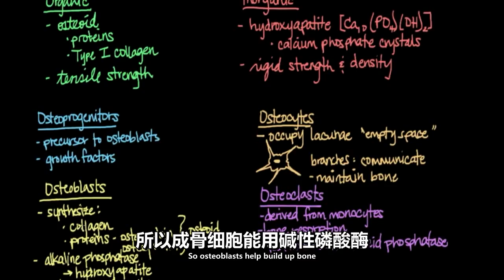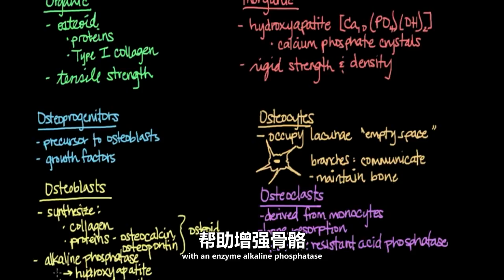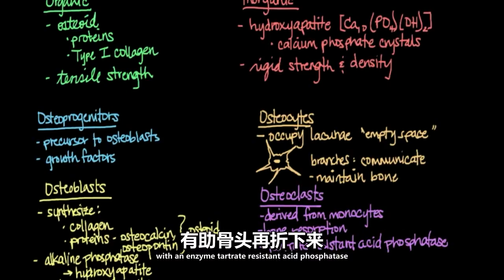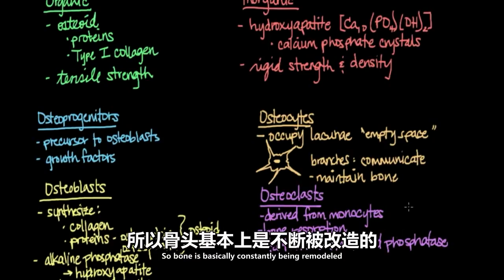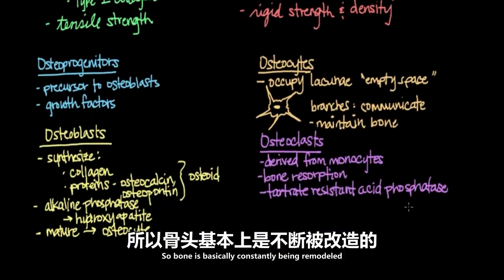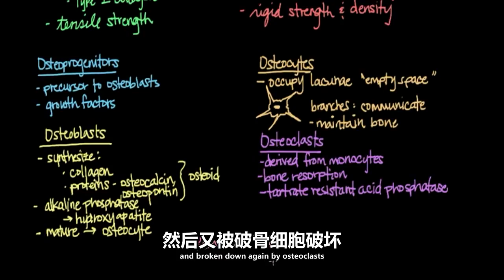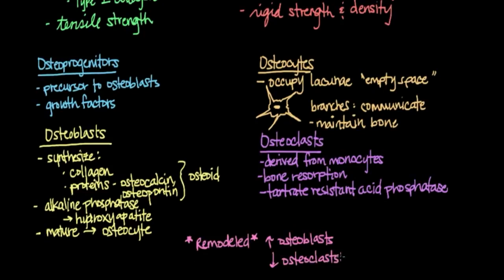So osteoblasts help build up bone with an enzyme alkaline phosphatase, and then osteoclasts help to break that bone back down again with an enzyme tartrate-resistant acid phosphatase. So bone is basically constantly being remodeled, built up by osteoblasts and broken down again by osteoclasts.